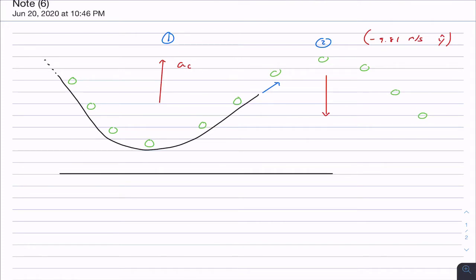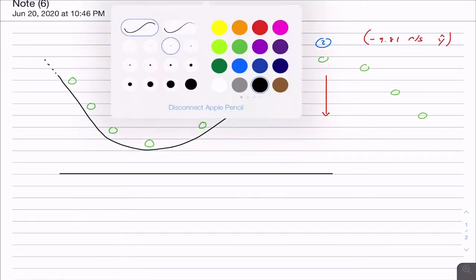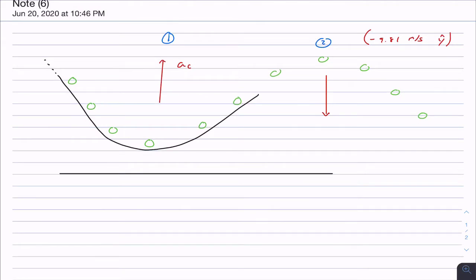Okay, so we are given some information that we can actually use here. We are told that this is going to be 30 degrees with the horizontal, right? So this is 30 degrees. We're also told that the initial speed, v0, is going to equal 4 meters per second.